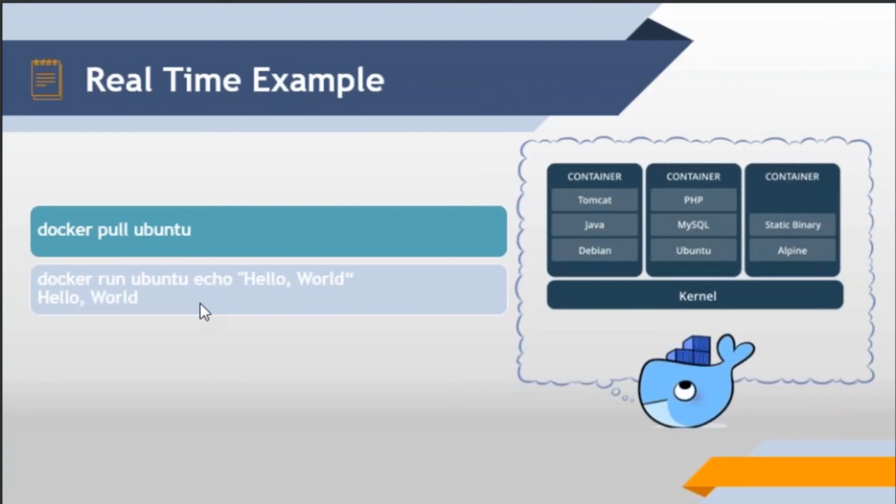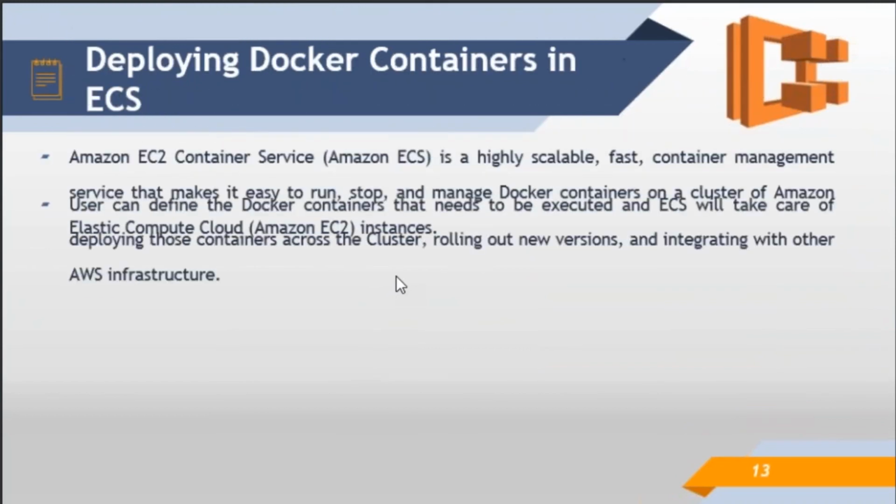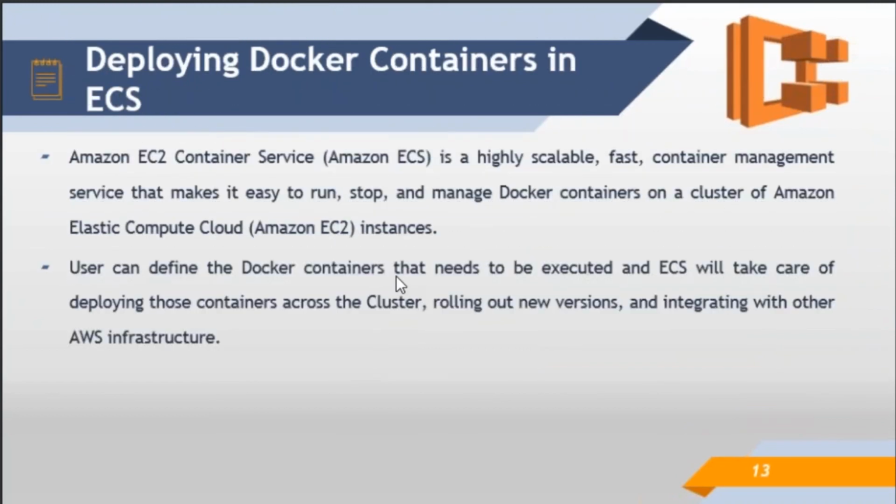This is a very simple example which we are presenting to you, but definitely you can pull the Tomcat container to deploy your Tomcat application. You can pull a MySQL container to run the MySQL database at the backend, or any container that you name. All the business containers are available to perform jobs on your behalf.